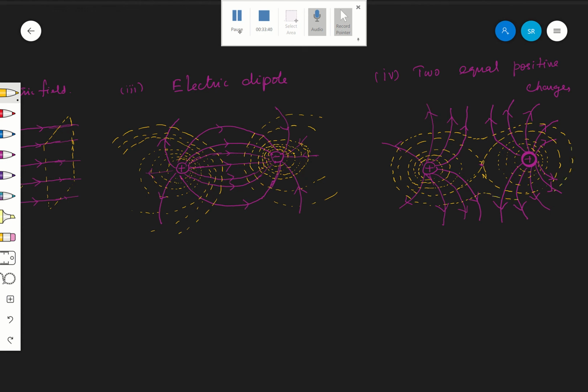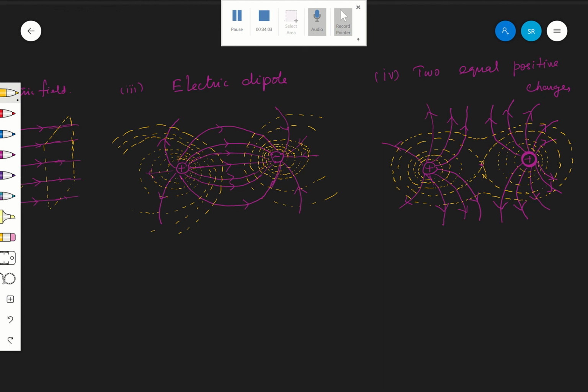Every yellow line I have drawn is one equipotential surface, and the other is another equipotential surface. I think this is enough. So this is the equipotential surface for two equal positive charges, right?